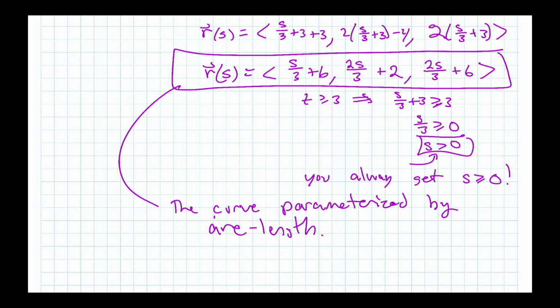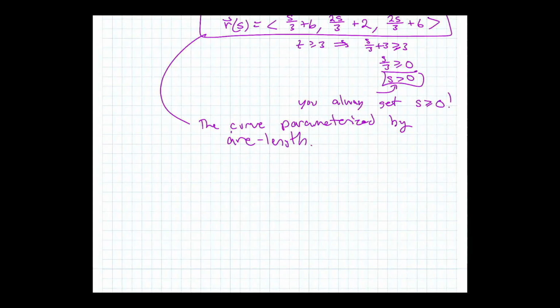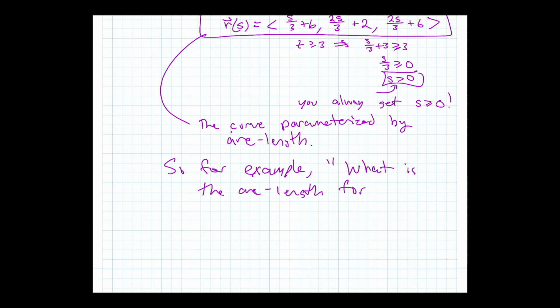Okay, now why do we care? The reason you would care is because you'd be able to answer this way. So for example, what is the arc length for the portion of the curve in some interval?